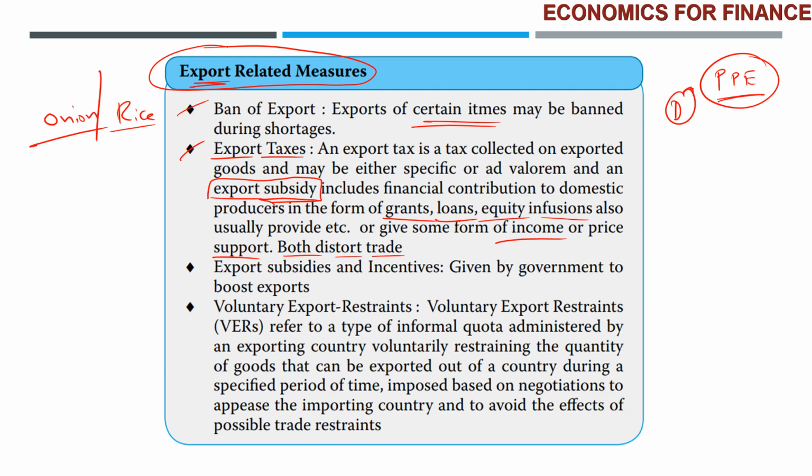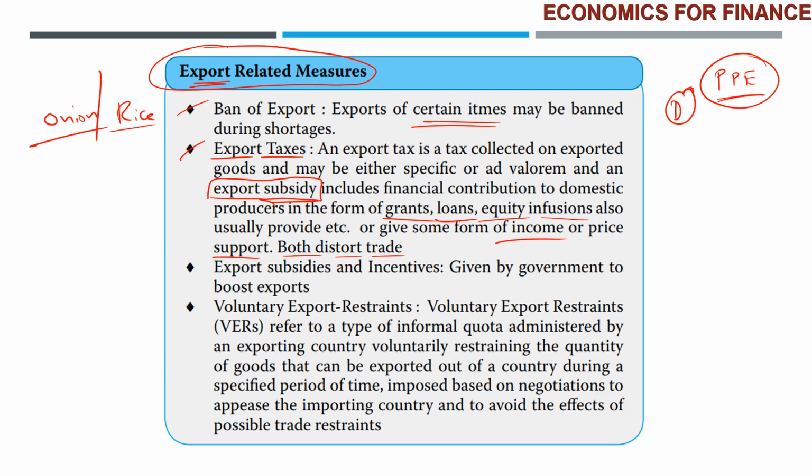Right now, we just need to know that government has two choices. Either it can do export taxes, where it wants to discourage exports, or it can give export subsidies. Generally, what it does, those are called export incentives, in the form of grants, loans, equity infusions, in the form of giving income to the exporters or price support, which ultimately distort the trade. That is what is export subsidy.